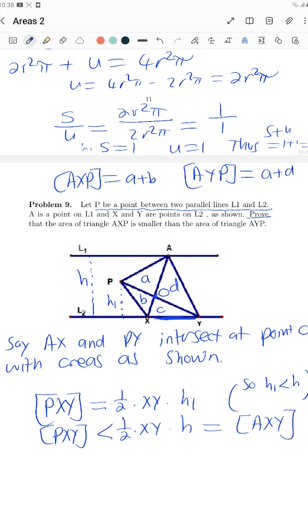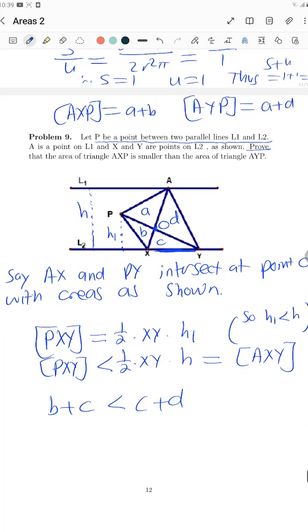Now, in terms of the variables, do we know PXY? Yes. Triangle PXY will be b plus c, and the area of triangle AXY will be c plus d. And now let's subtract c from both sides. If b plus c is less than c plus d, we conclude that b is less than d. And as we mentioned earlier, the trick is to add a to both sides. So we know that a plus b is less than a plus d.